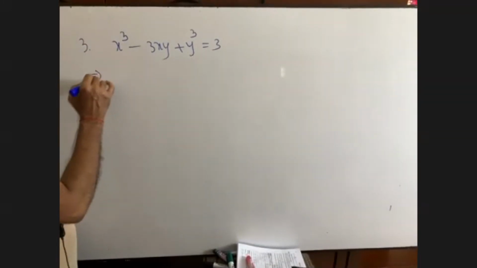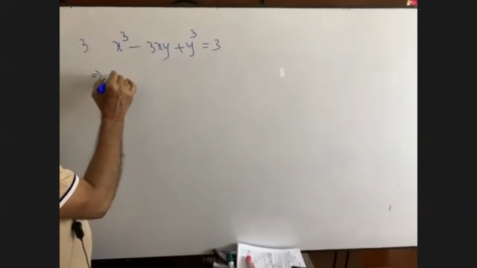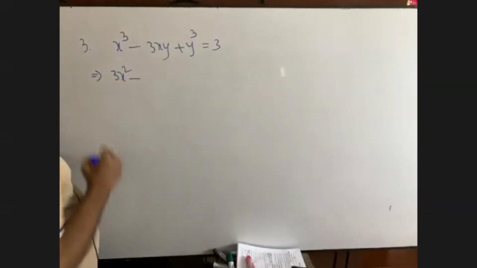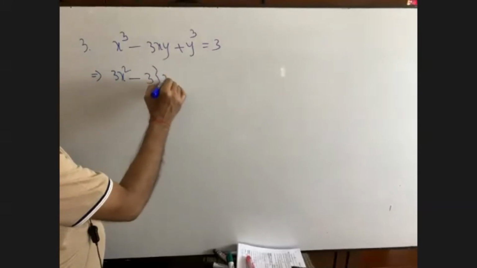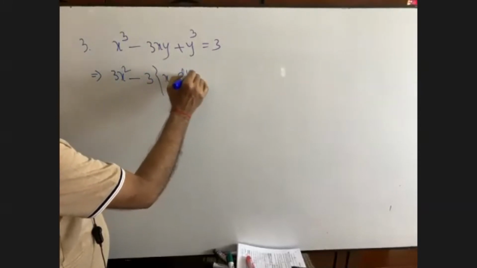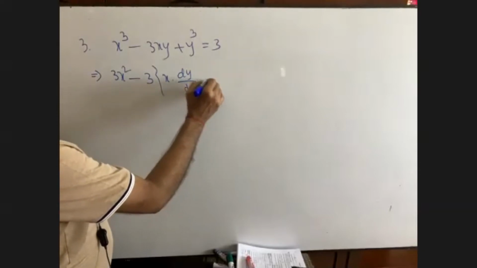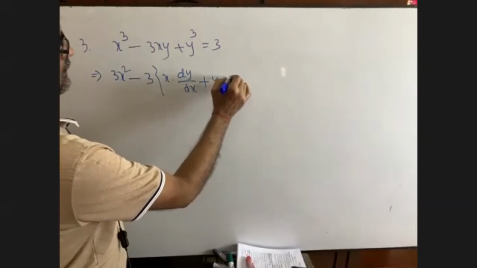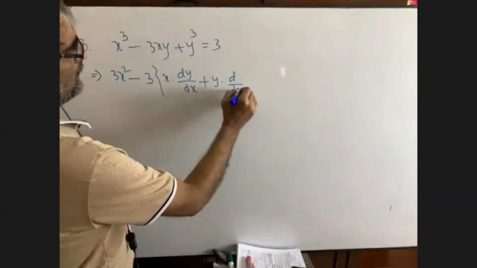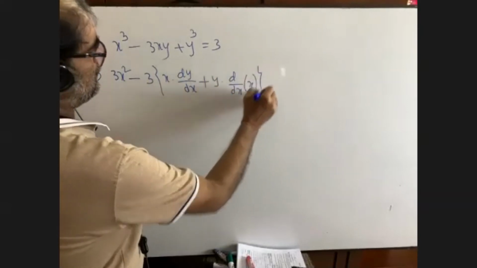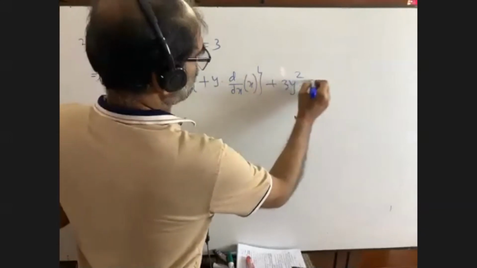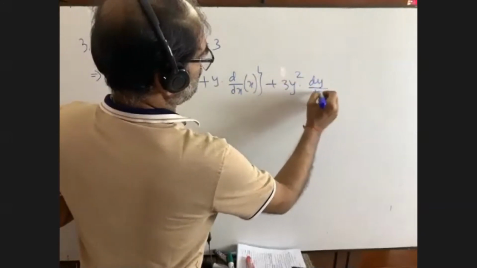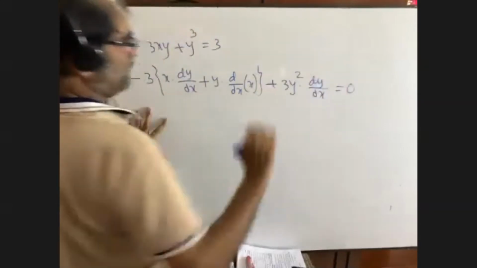Differentiating: 3x square, minus 3x dy by dx times y, d by dx of x, plus 3y square dy by dx equals 0.